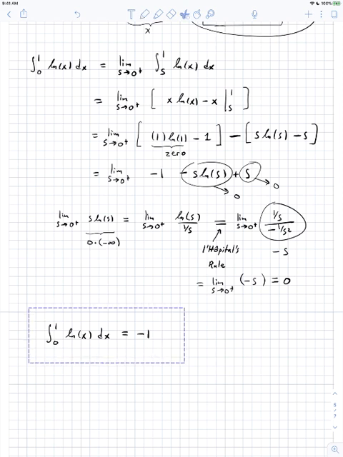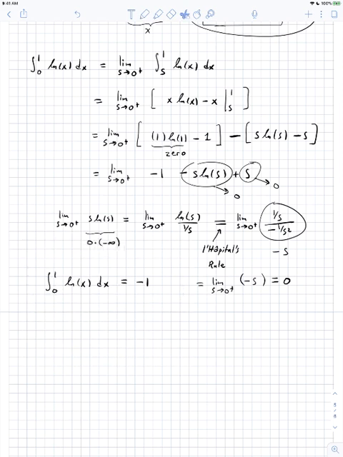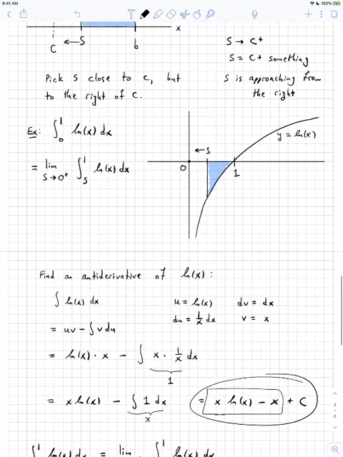Let's just move that right up here, and then we'll just put a little circle around it. So that means, let's go back and look at our picture. The region, if you integrate from 0 to 1, you're going to get negative 1. So the area here between 0 and 1, as s goes to 0 from the right, is 1.